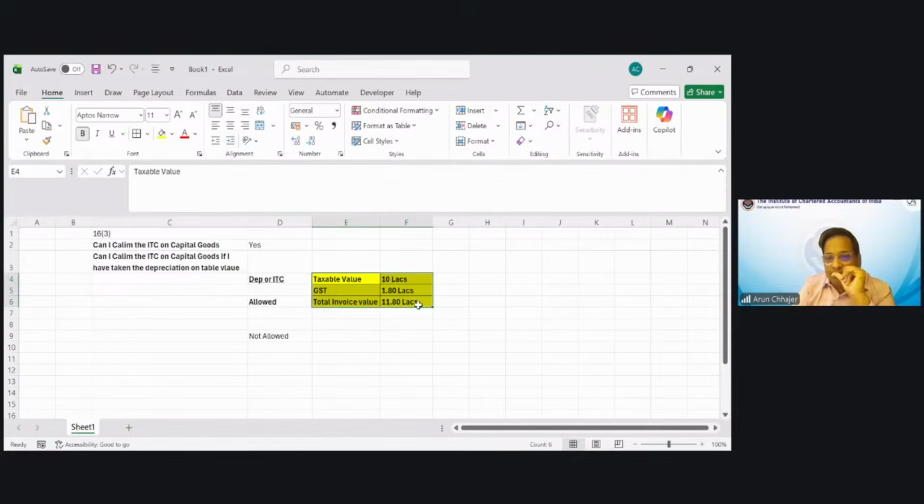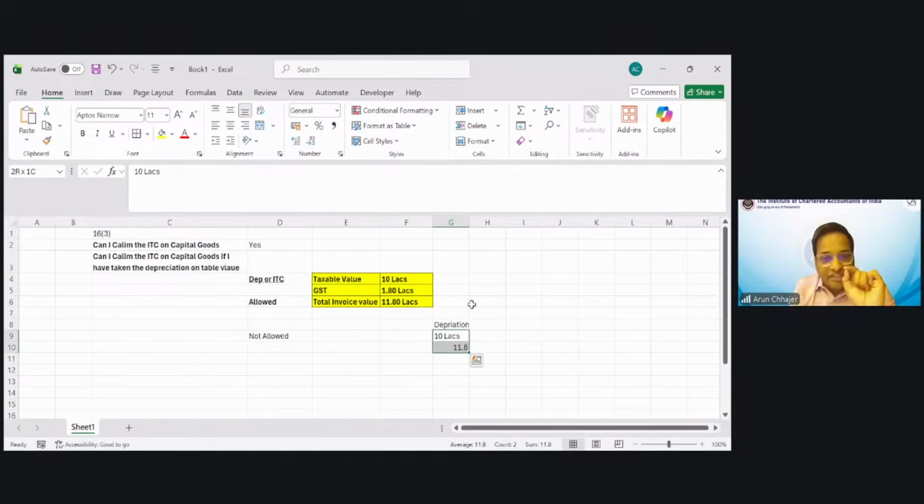Now, suppose, forget about the GST for the time being. Can I claim the depreciation on 10 lakh, or can I claim the depreciation on 11.80 lakh? On which value will I calculate the depreciation?